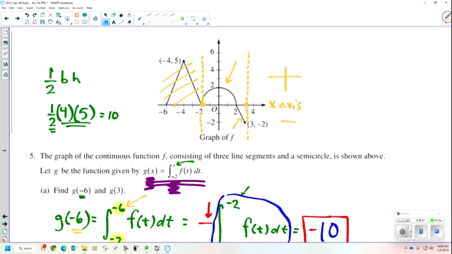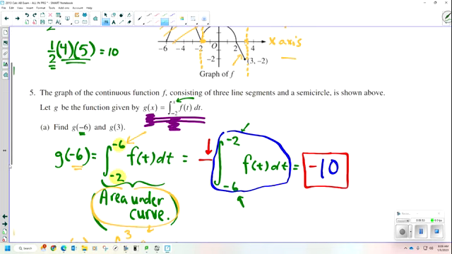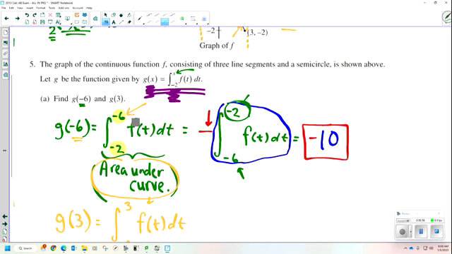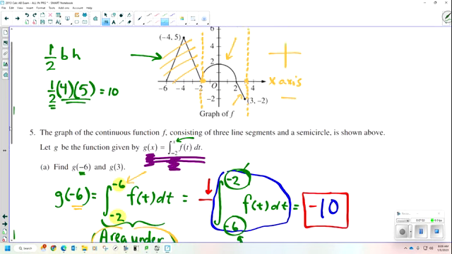Now you might be asking yourself, well, we did this and we got a negative. That's 10, that area. The only reason it was negative is because, remember, we had to flip our bounds. Okay? So let's go ahead and start figuring out our area under the curve from negative 2 to 3.